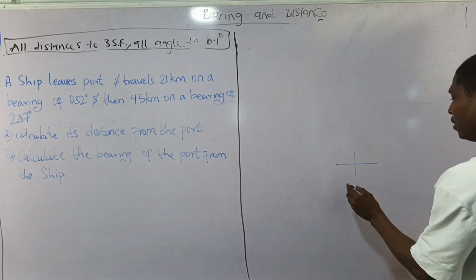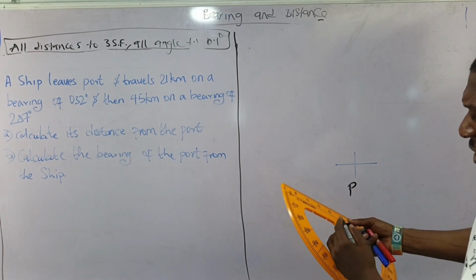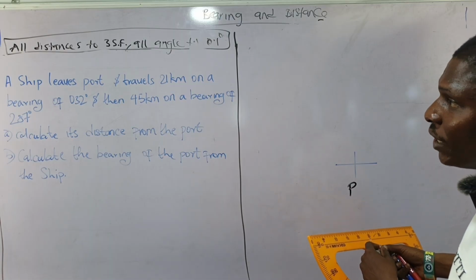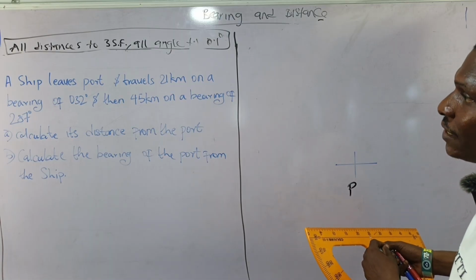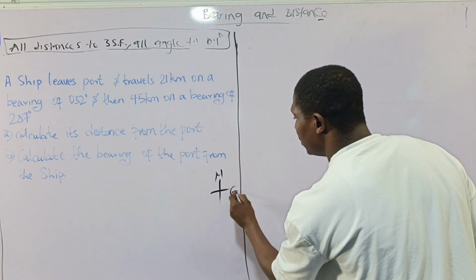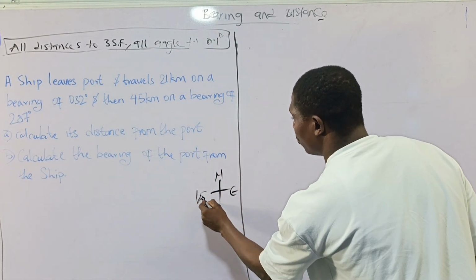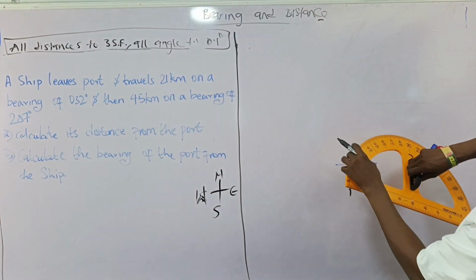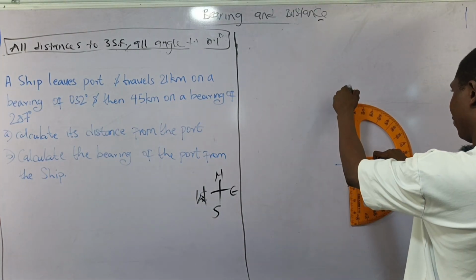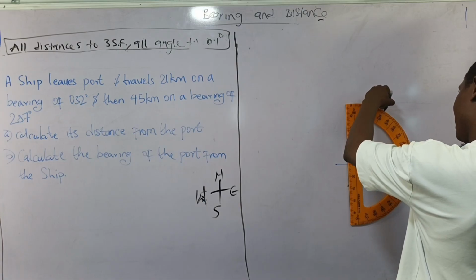Our port is P. Now, they said it travels 21 kilometers on a bearing of 32 degrees. 32 degrees, remember, should be between what? Northeast. This is south and this is west. So let me draw my 32 degrees. If I use here, the top is 0 now. So this is 32 degrees.